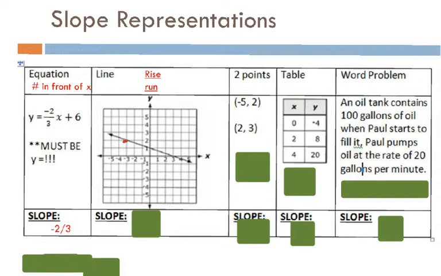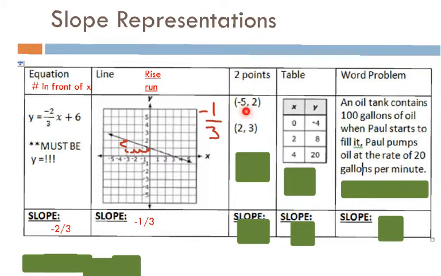So I've marked out 1, and here's another one on the y-axis. So you're just going to count how much you rise and how much you run. So this one, the rise of 1, and then I'm going to run 1, 2, 3 spots. Now this line is going downhill. Downhill means it's going to be a negative slope. So my slope here is negative 1/3.